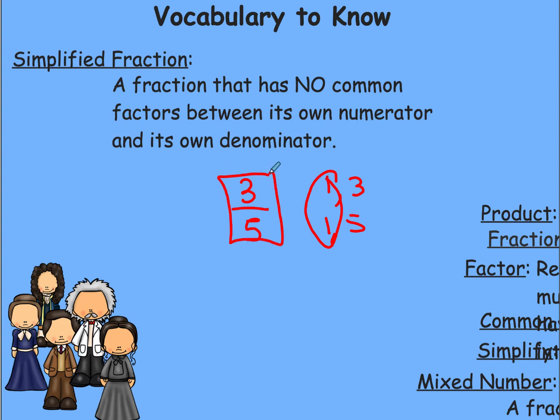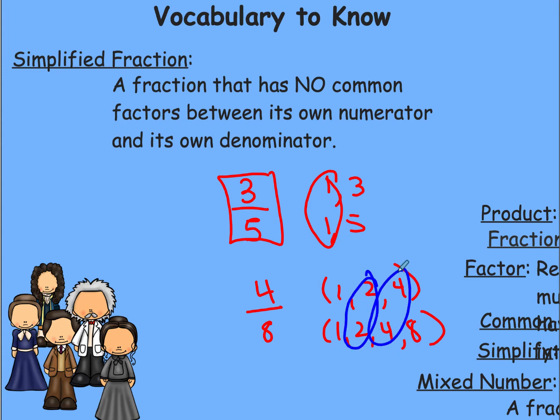This would be simplified. 4/8: 1, 2, and 4 all are factors of 4, and 1, 2, 4, and 8 are all factors of 8, but because they have pairs of factors, 2 and 4, in common other than 1, this is not simplified.